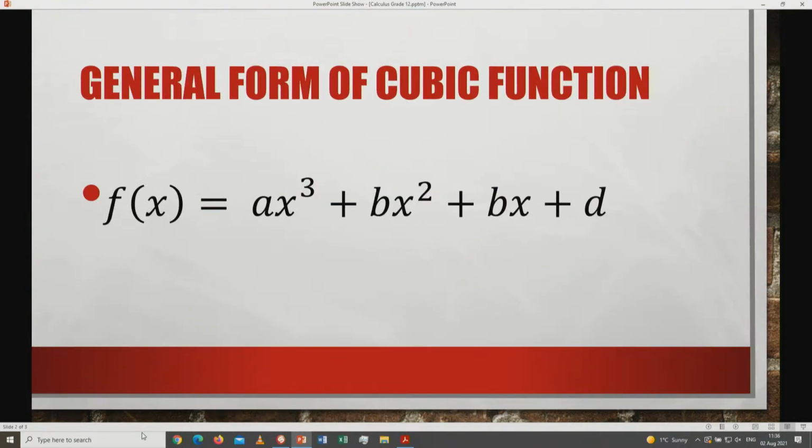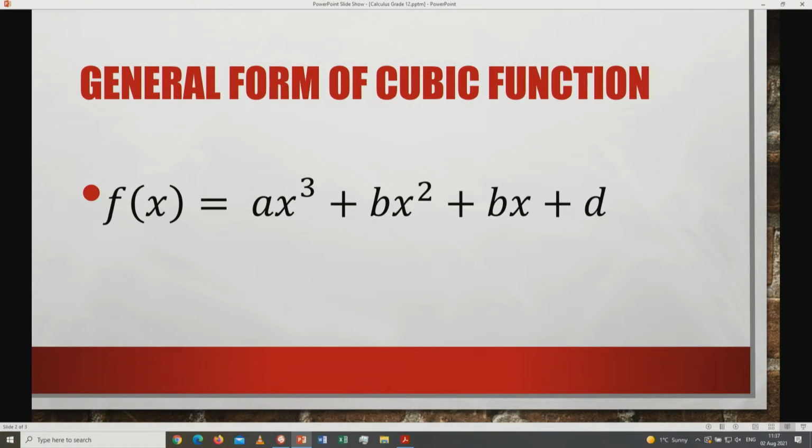A cubic function has a general form of f(x) = ax cubed plus bx squared plus cx plus d. This is the general form of a cubic function. As you can see here, it has been raised to the third degree. The moment you see the highest power being 3, you should know that we are dealing with a cubic function.